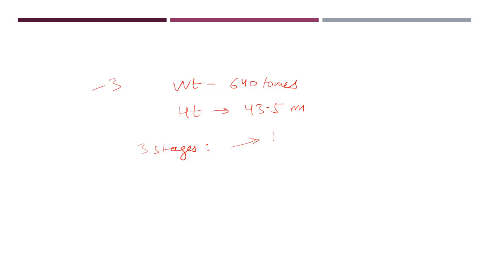The first stage here has 2 S200 strap-on boosters. The boosters are named S200 and they are 2 in number. Then the second stage, as I already told you, is the liquid stage.